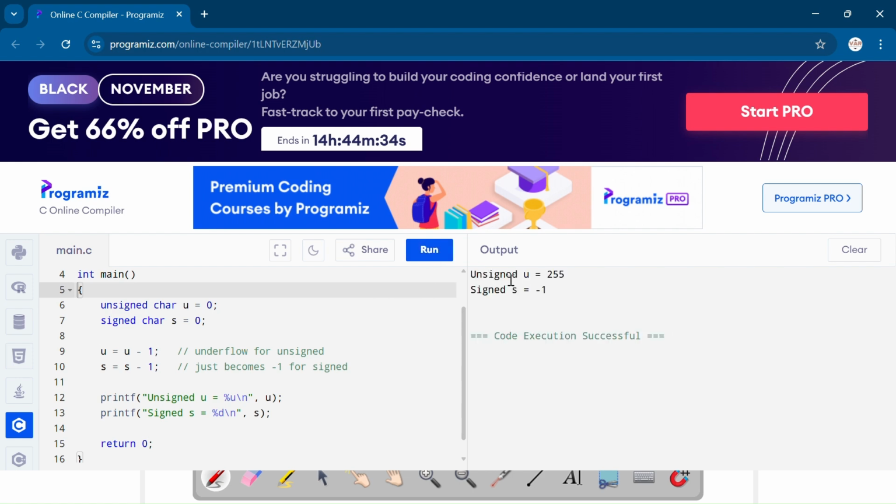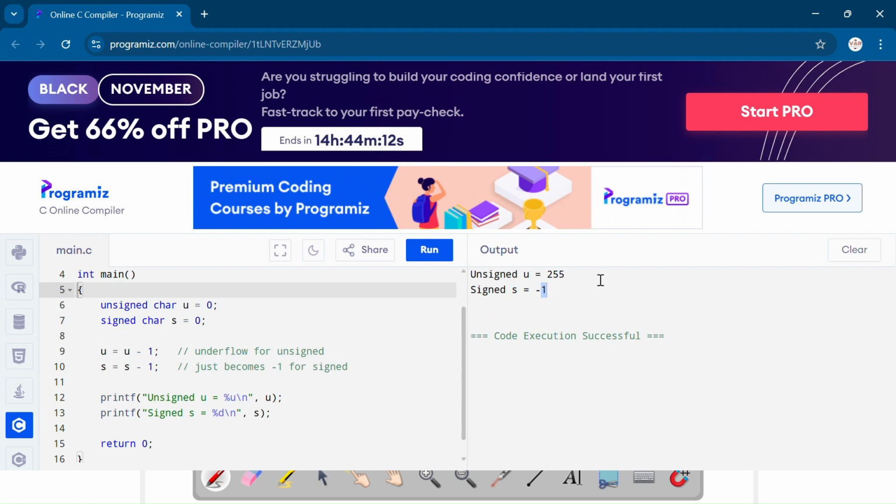The first one, unsigned, prints 255, and the second one prints minus 1. Why? Because the unsigned range is just 0 to 255.